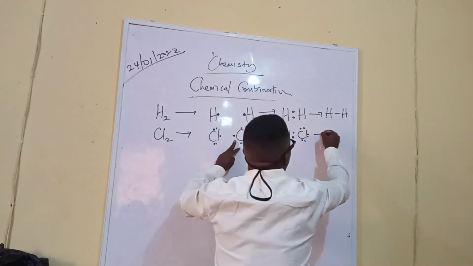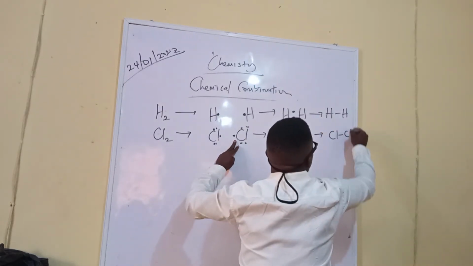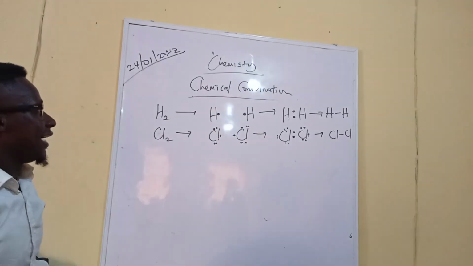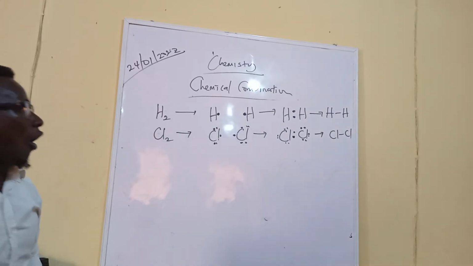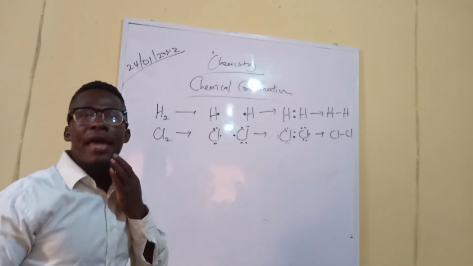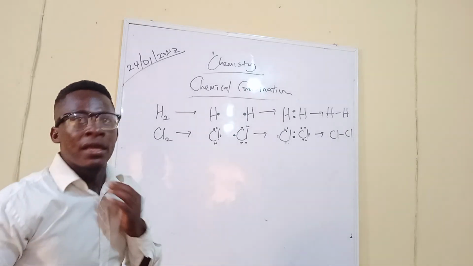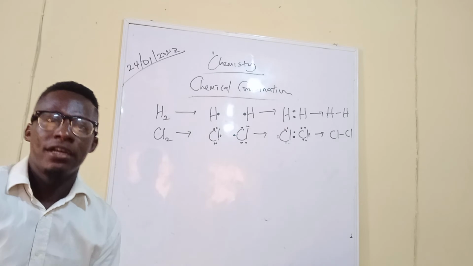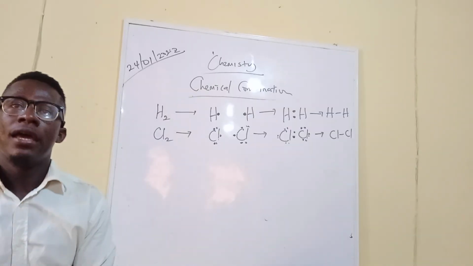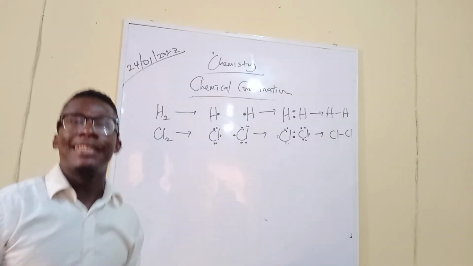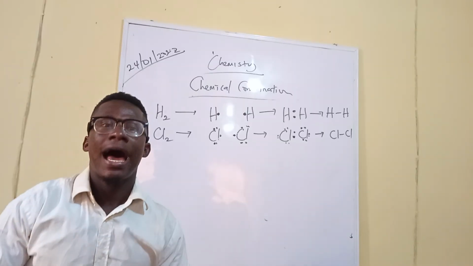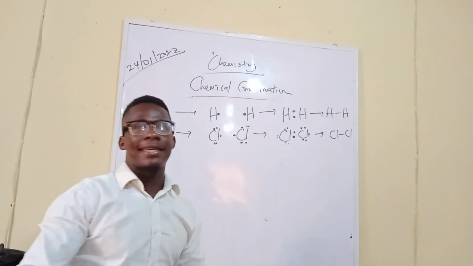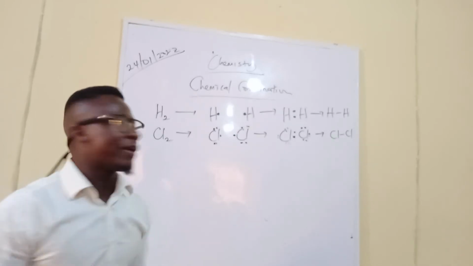So you have Cl-Cl. Please also note that there is something called bond pair or shared pair. The electrons that are used to bond together are called bond pair. We also have what is called lone pair. The electrons that remain after bonding has taken place are called lone pairs of electrons.